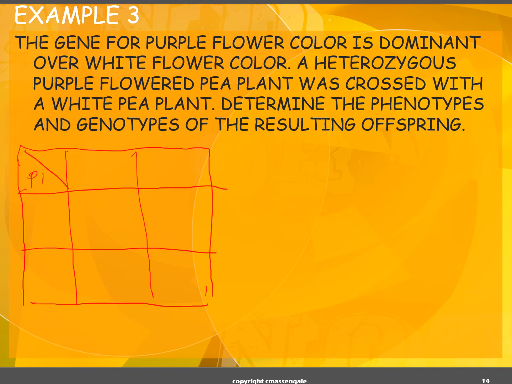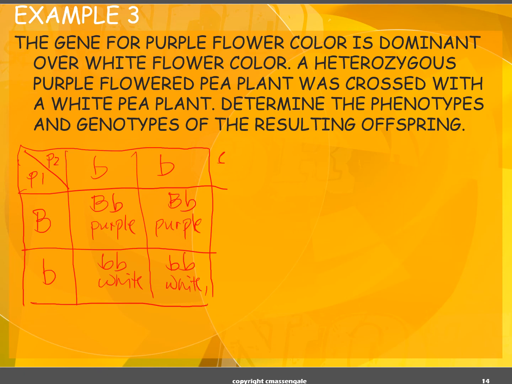So, parent 1, parent number 2, capital B, small b, small b, small b, capital B, small b, capital B, small b, small b, small b, small b, small b. This is purple. This is purple. And this is white. And this is white. So, let's start with step number 6.